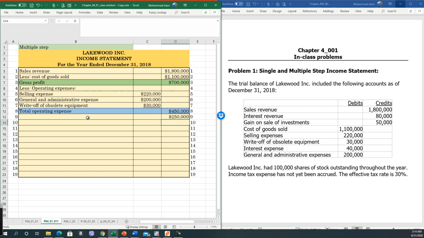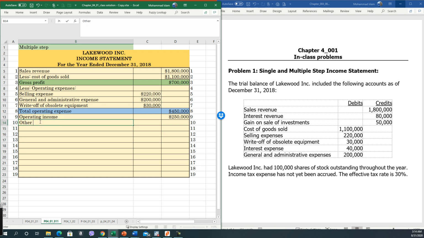Okay, it is 250,000 now. This is operating income. Okay, so we have this one, operating income.